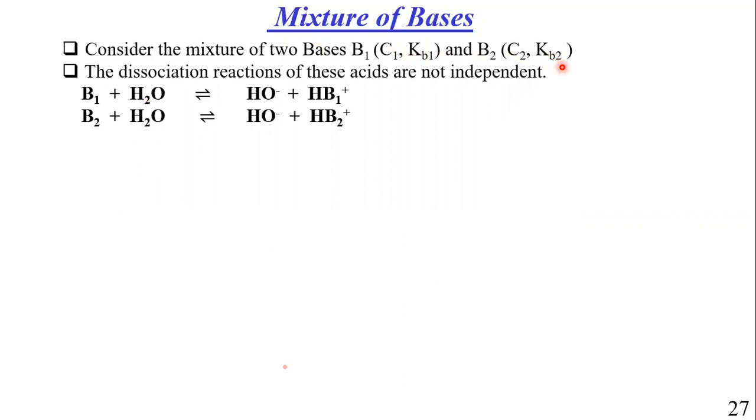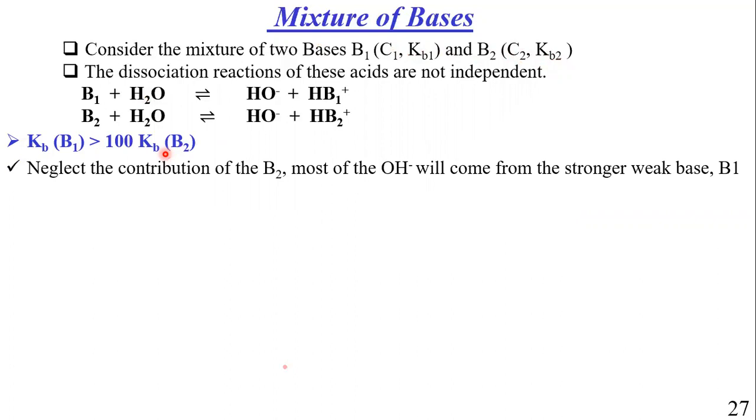Of course, just like we did with acids, can we neglect one of them? If I can neglect one of them, I really simplify things. So is one of the Kb's greater than 100 times the other Kb? If it is, then you neglect the contribution of the weaker base, the Kb2 in this case.